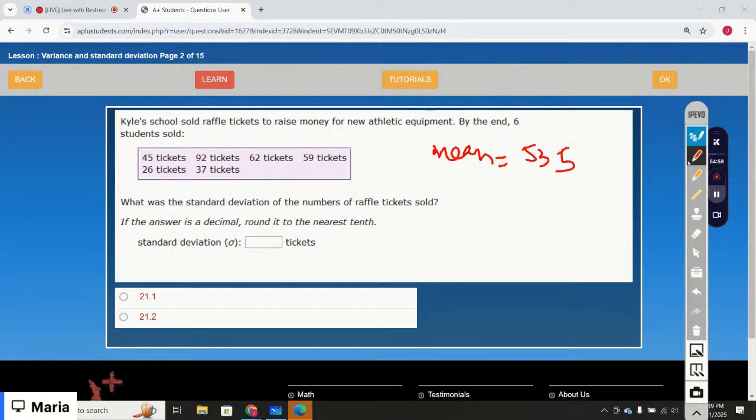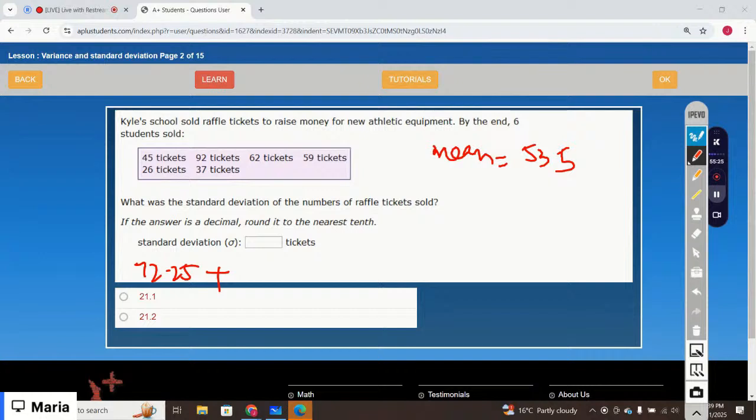Now subtract each value from the mean and square. You have to calculate the square of each value. So 45 minus 53.5 is 8.5, and 8.5 square is 72.25.